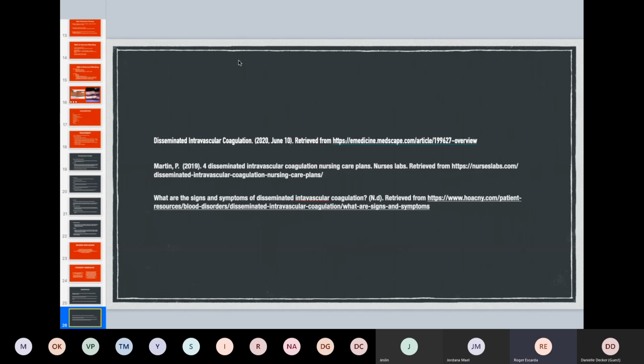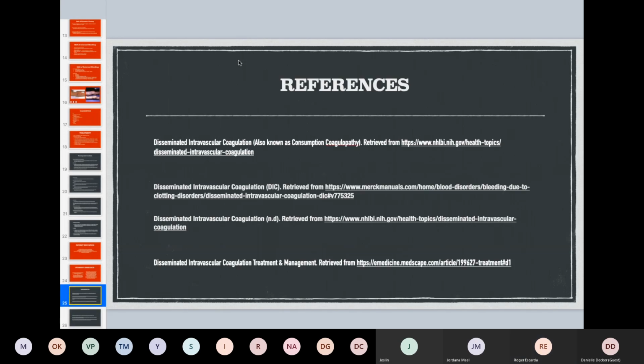Previous slide one more time. How do I make a box here?